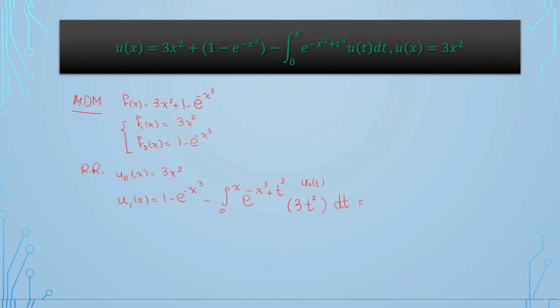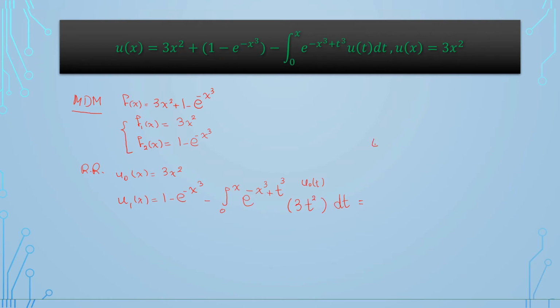This will be equal to, we have here e raised to minus x cubed is a constant, but e raised to t cubed is in the integration.